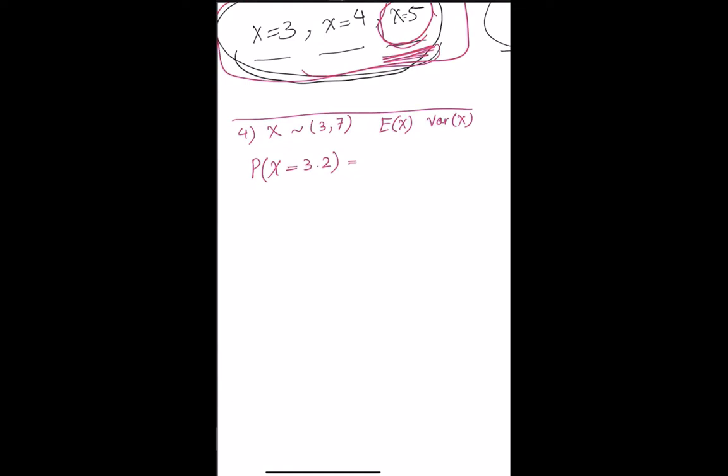All of you have to say it in no time. 0, because this is continuous, right? 0, because this is continuous. These are the mistakes I'm not going to ignore in the exam, guys. These are just the basic definition of continuous random variables.